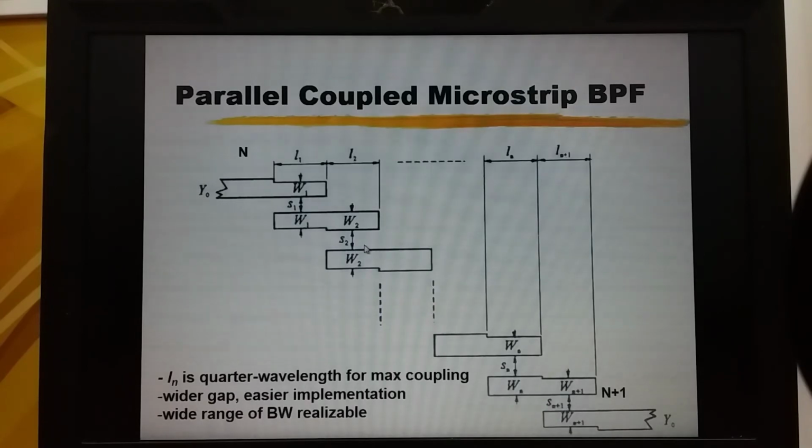The advantage of this parallel coupled microstrip bandpass filter is we can implement a filter with a wide range of bandwidth. It can be designed to have narrow bandwidth or wide bandwidth depending on the application.